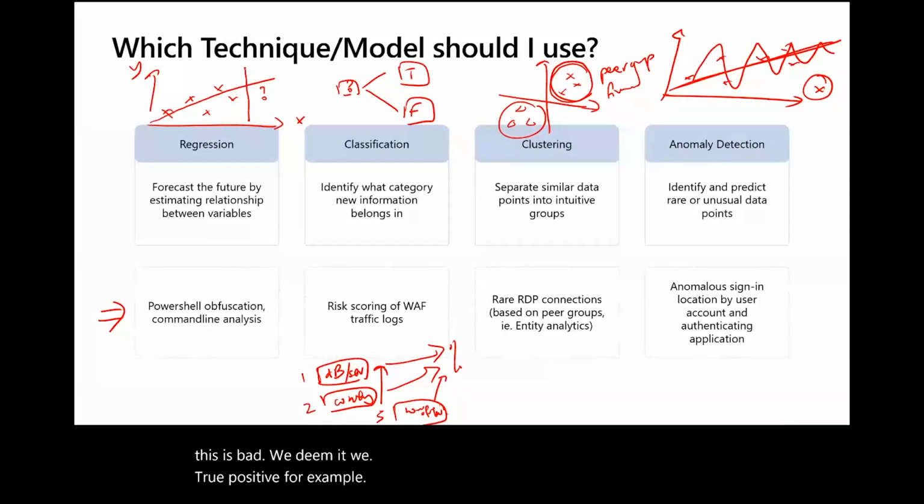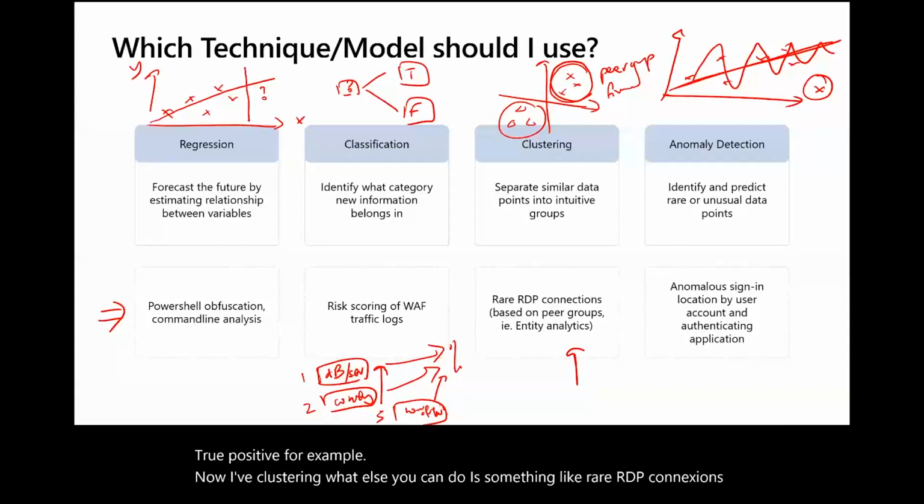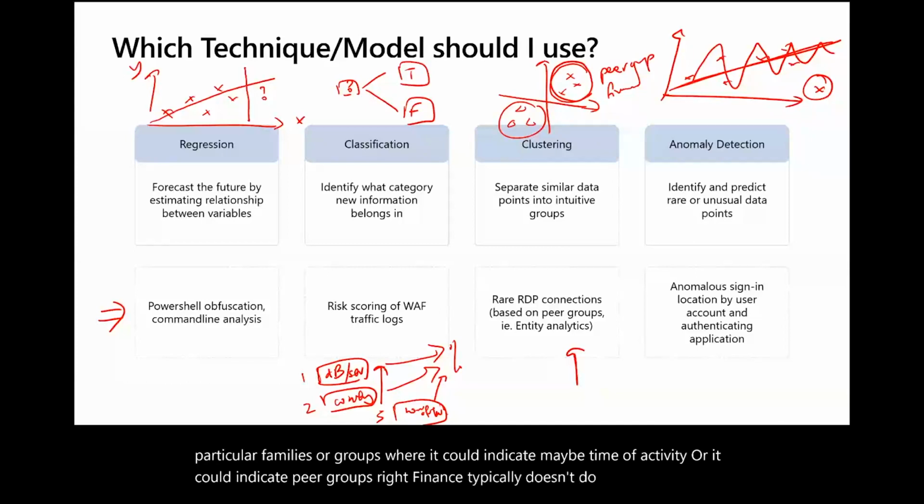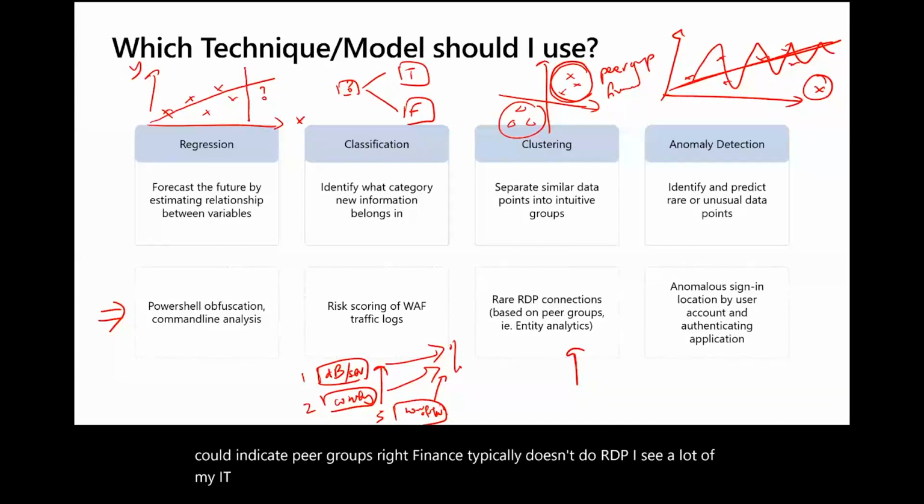Now, with clustering, what else you can do is something like rare RDP connections. When you look at all of your RDP connections, can you cluster them into particular families or groups where it could indicate maybe time of activity, or it could indicate peer groups? Finance typically doesn't do RDP. I see a lot of my IT or my network team or my infra team doing a lot of RDP activity.